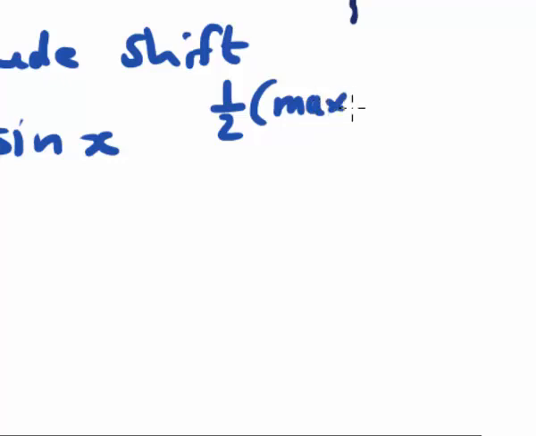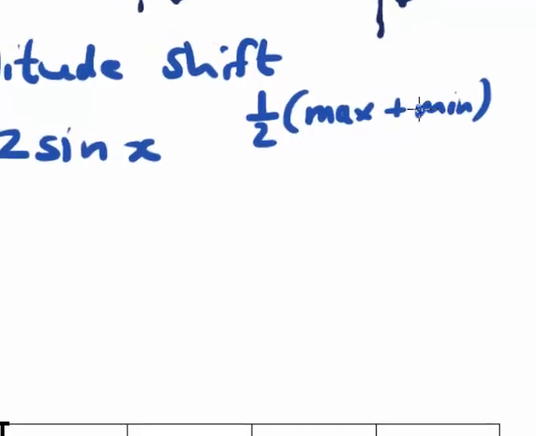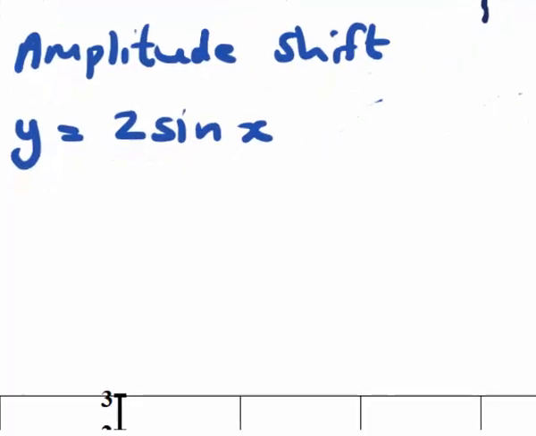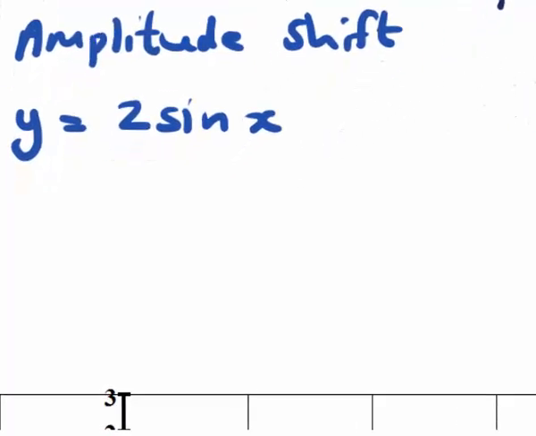Okay, so if you add up the max and the minimum value, half the distance between the max and the min, and you halve it, and this is the positive distance, half the distance between the max and the minimum. Okay, so we'll come on to that in a minute. So I'm not going to stress you out too much with this at the moment, but let's just see what the graph of 2 sine x looks like.